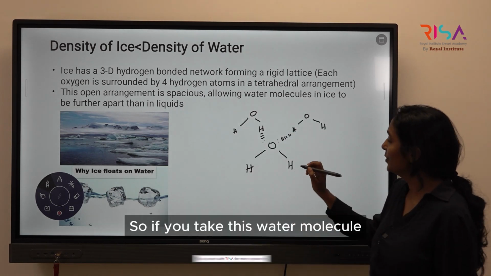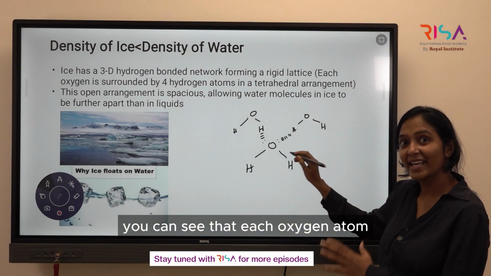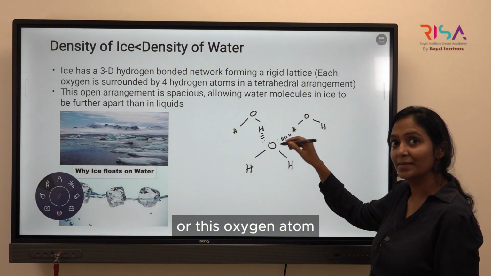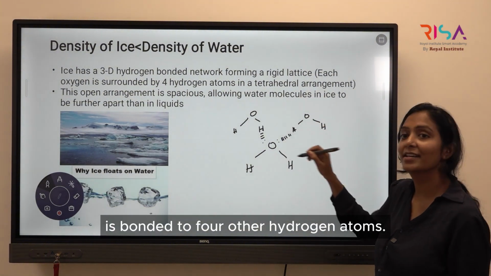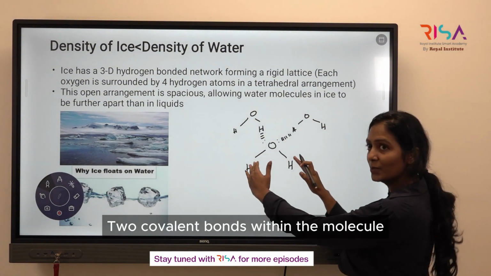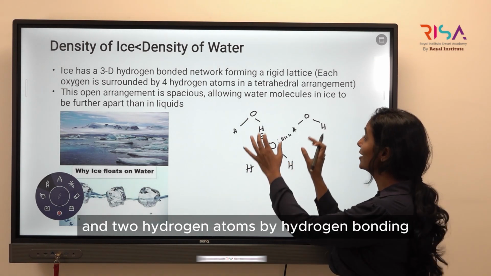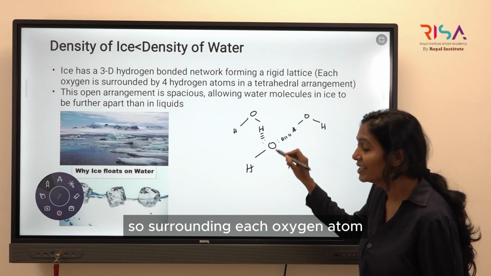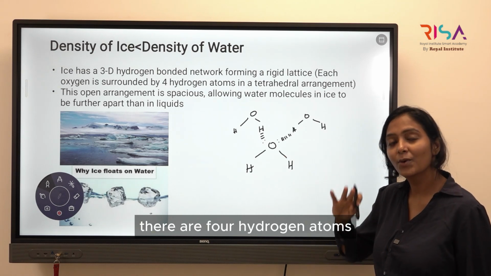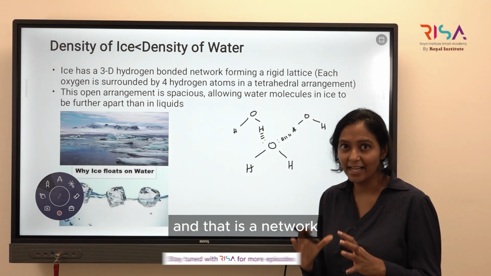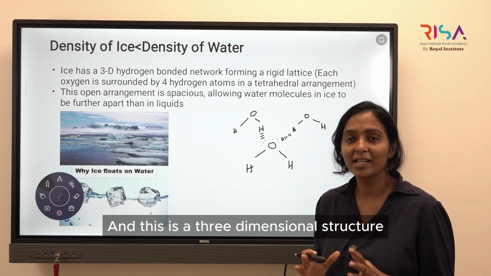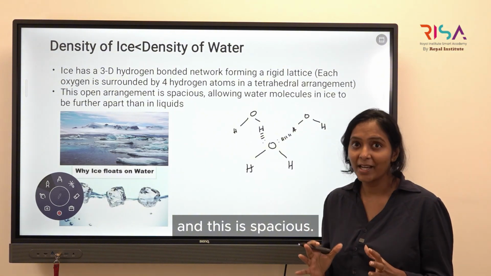So if you take this water molecule, you can see that this oxygen atom is bonded to 4 hydrogen atoms: 2 covalent bonds within the molecule and 2 hydrogen atoms by hydrogen bonding. So surrounding each oxygen atom, there are 4 hydrogen atoms, and that is a network which we call a lattice structure. And this is a 3-dimensional structure, and this is spacious.